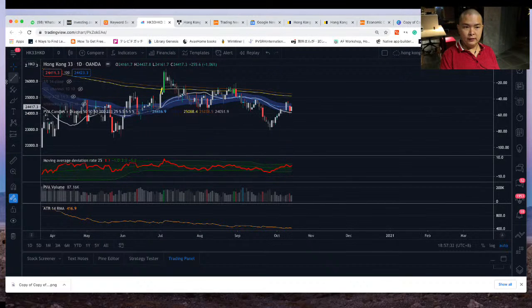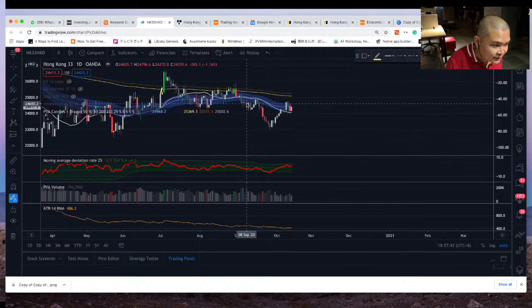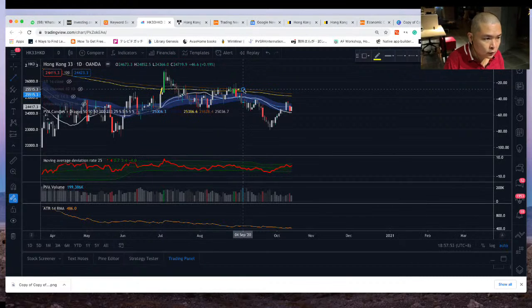So what happened, guys, is that you have a pullback to the 200 EMA and 233 EMA. The 200 EMA is this yellow line, and there's a little bit darker yellow line. I'm not sure if you guys can see it, but it's this one. Let me get rid of this.